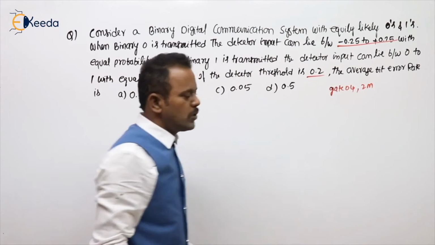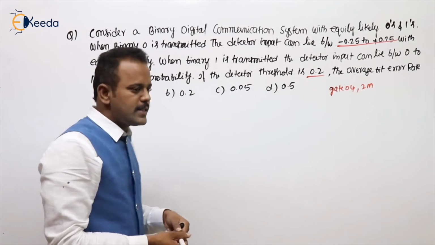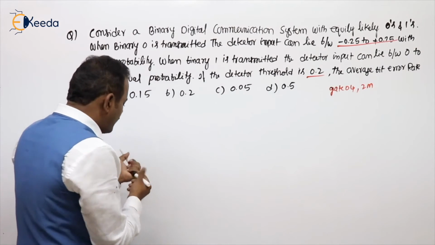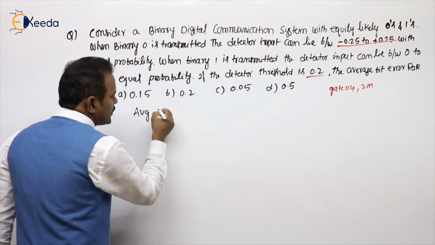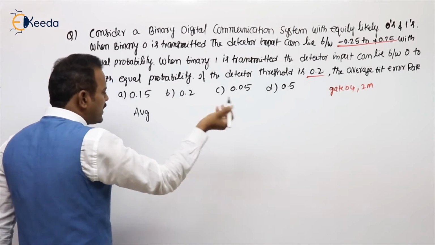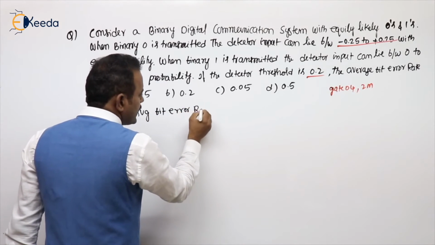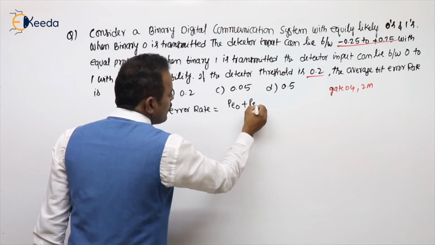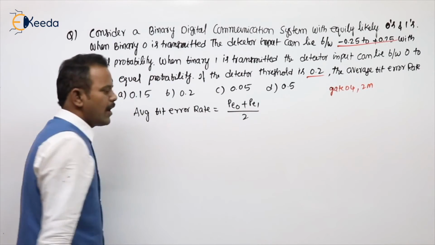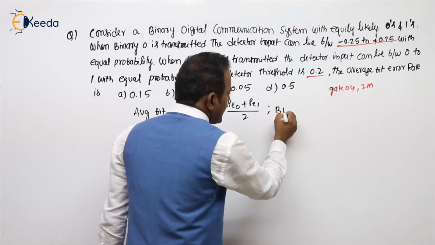Threshold is 0.2. Then average bit error rate means, what is the meaning of average bit error rate? Average bit error rate or probability of error, anything is the same. Average bit error rate is nothing but PE0 plus PE1 divided by 2. Actually, what is bit error rate?